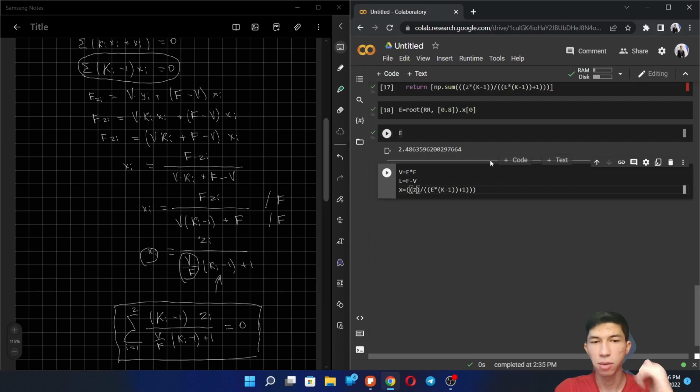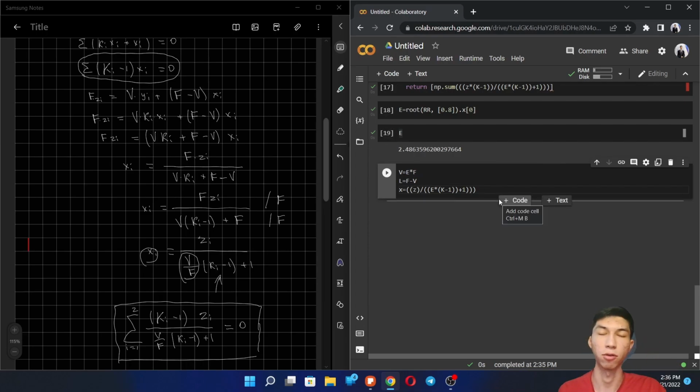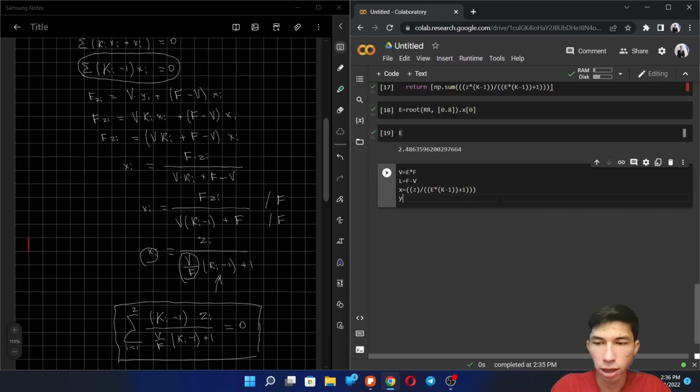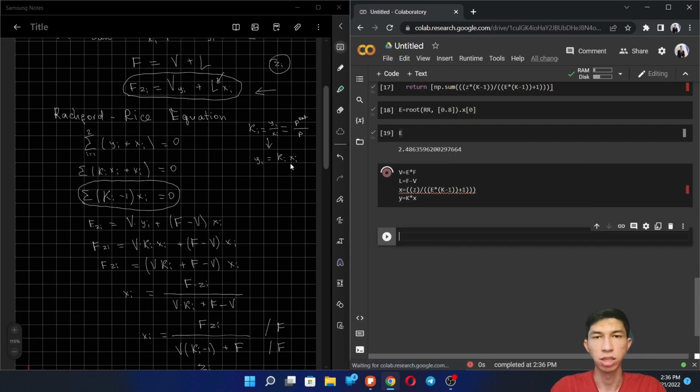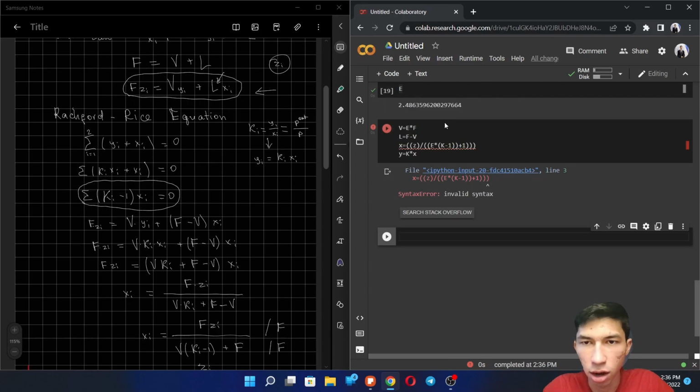So this is going to be our value for x, the mole fraction of compounds in liquid state. And for our y, we know that y should be K times x. Let's run it. We have an error.